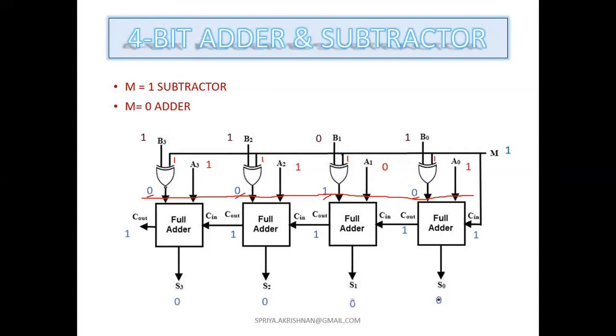Output is 0 and carry is 1. That is given to the next full adder. So this is called carry propagation. Carry is moving from one full adder to the other full adder. Okay. So this is clear for the first full adder. Am I audible to everyone?